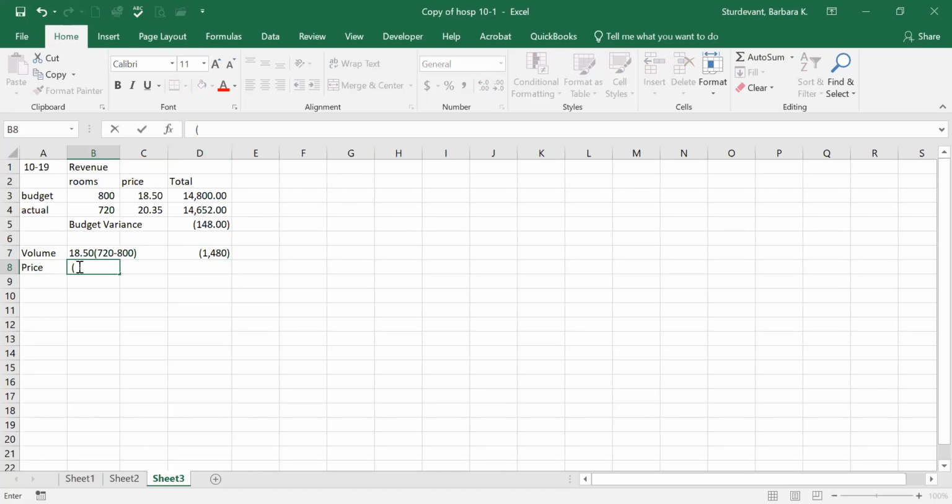Again, we want the actual to be higher because we're dealing with revenues. And then we're going to multiply that by the budgeted whatever else we had, which was the 800 rooms, the volume.